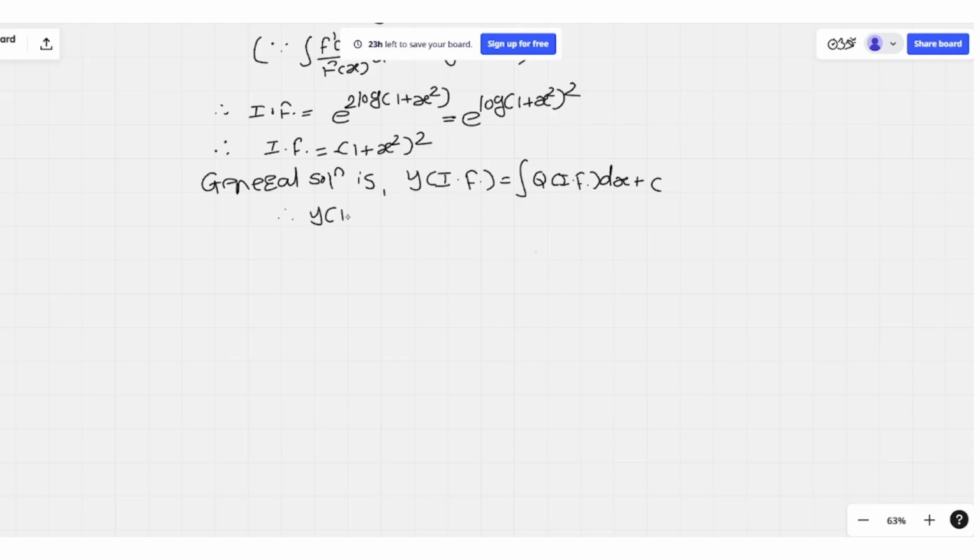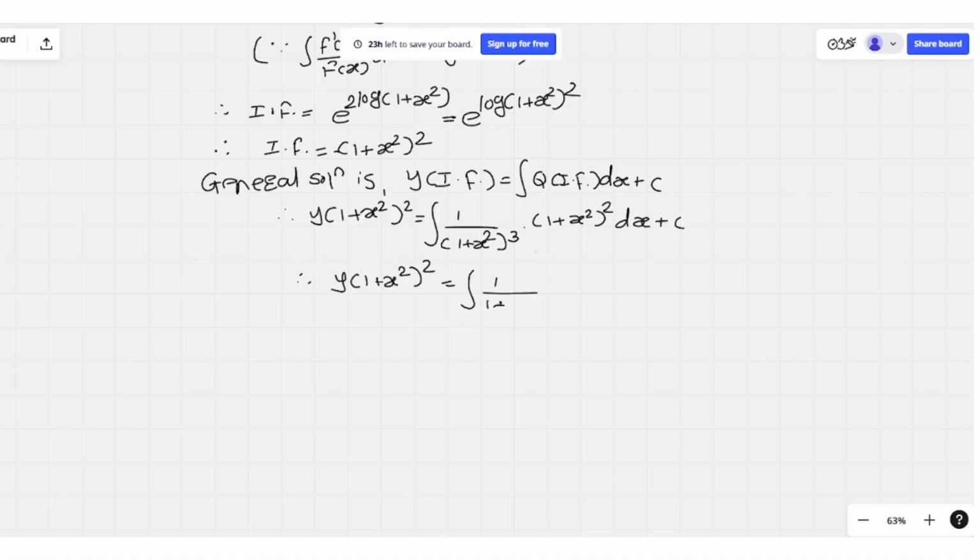Therefore, y into (1 plus x square) whole square is equal to integration of 1 upon (1 plus x square) whole cube into (1 plus x square) whole square dx plus c. Therefore, y into (1 plus x square) whole square equals integration of 1 upon 1 plus x square dx plus c.